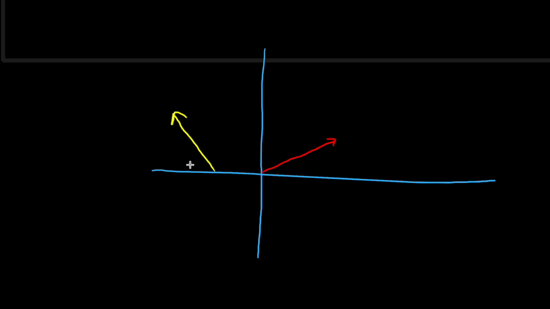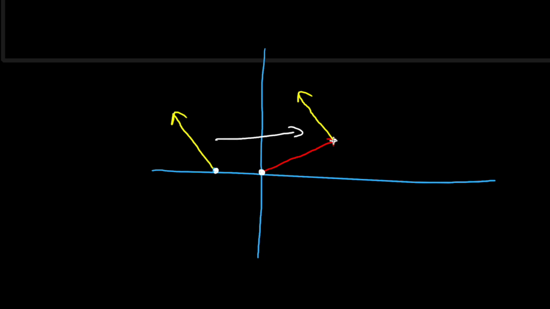Well, remember, the tail does not matter, meaning it does not matter where the tail is. So what if we just move this vector onto the red vector here? It has the same magnitude, it has the same direction as this other yellow vector, but it's just attached to the tip of this red vector.